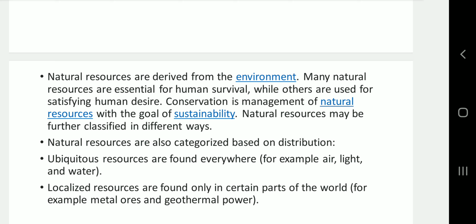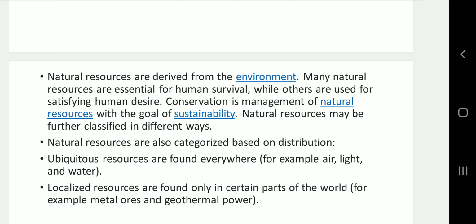Conservation is the vital point for the management of natural resources. Without conservation, the goal of sustainability cannot be met. Resources have to be used in a perfect way so that they can be used by our coming generation.